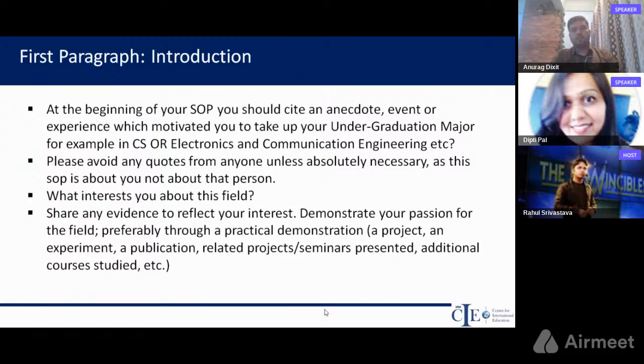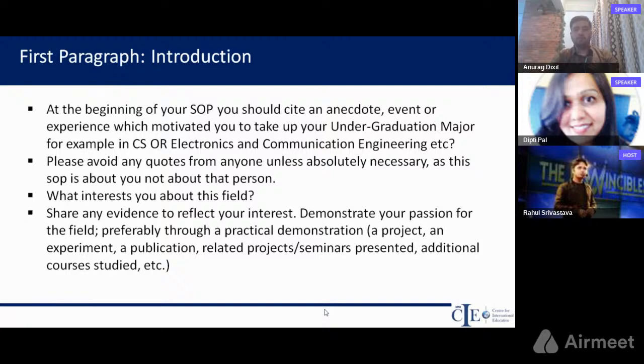You have to start with some kind of an anecdote or some story about yourself, which gives the reader some idea about where you are coming from, what kind of background you are coming from. It can be an event or an experience that motivated or inspired you. You can talk about what motivated you to pursue the particular undergraduate major that you did.